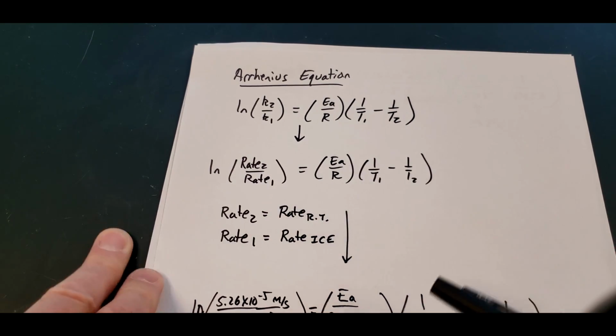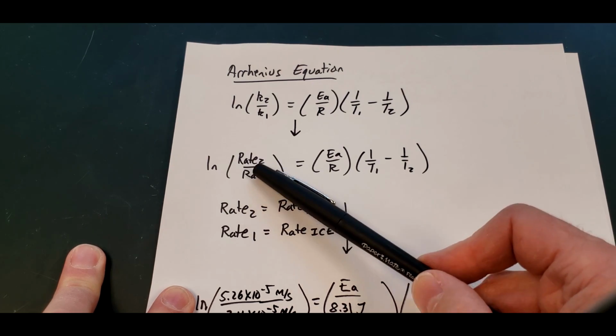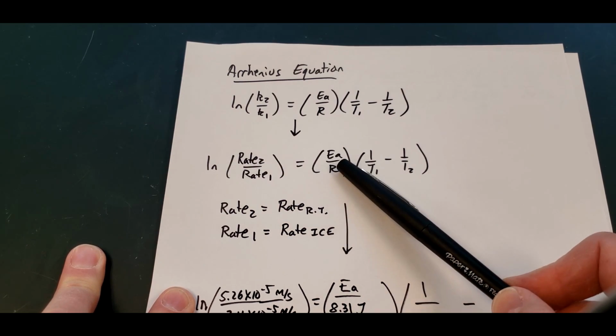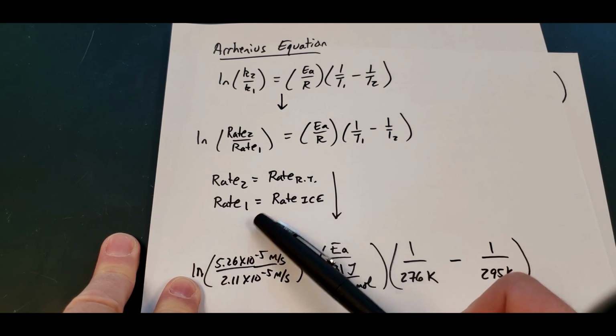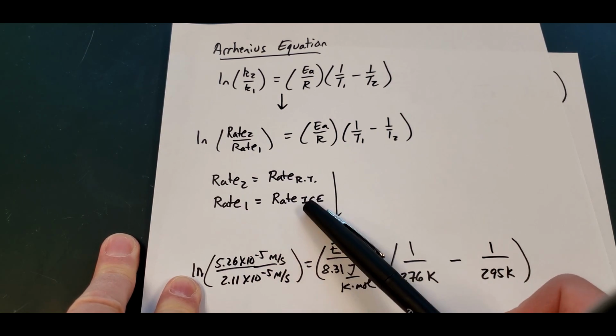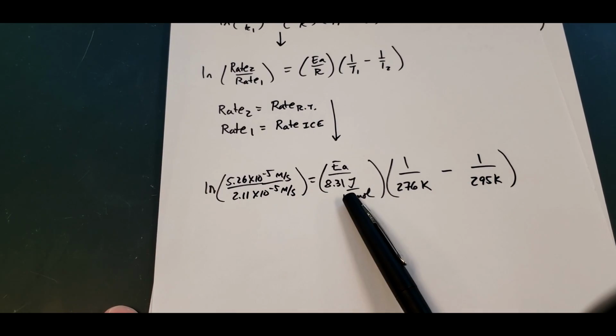So I won't show that here. That's in the lab write-up. But because of that, we can use the rates we just found to determine EA. So I'm taking rate 2 to be equal to the rate at room temperature, and rate 1 to be equal to the rate at the ice bath temperature. And I put in the values we just found.